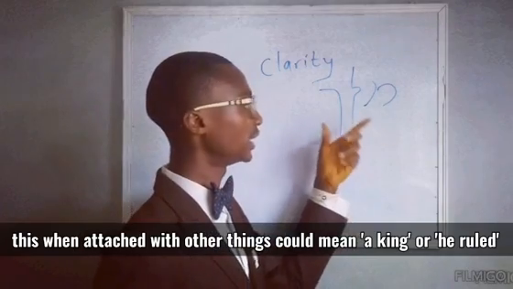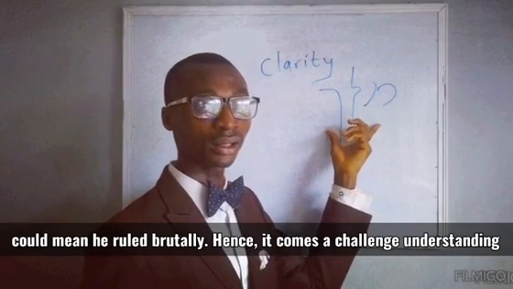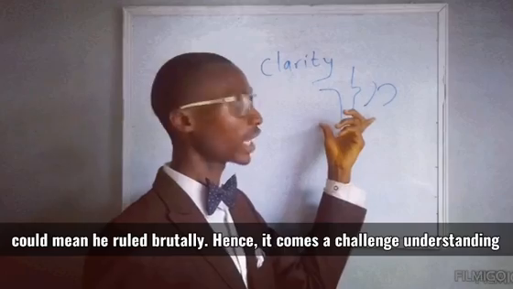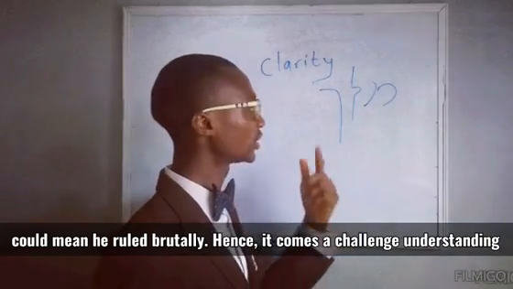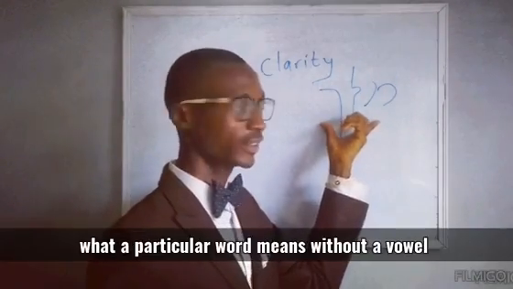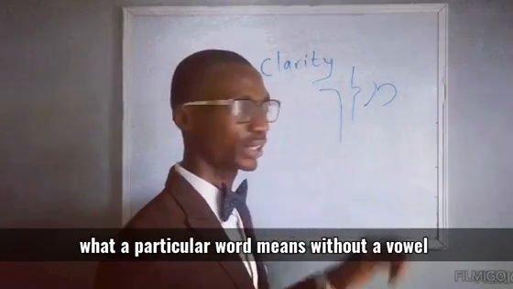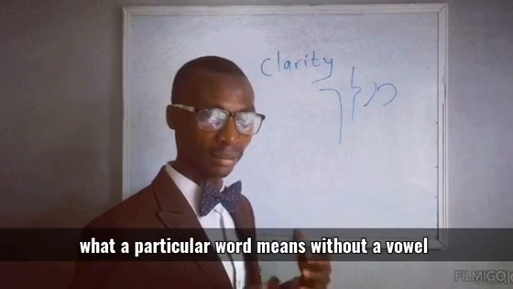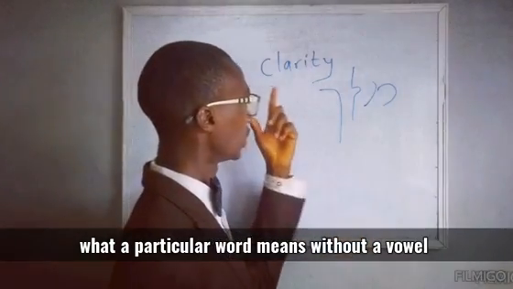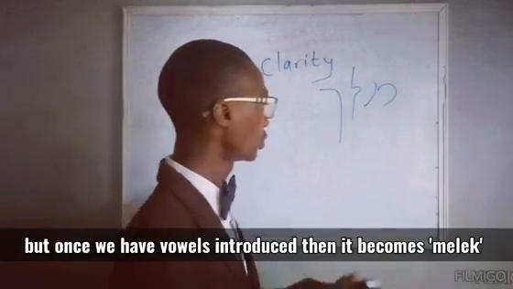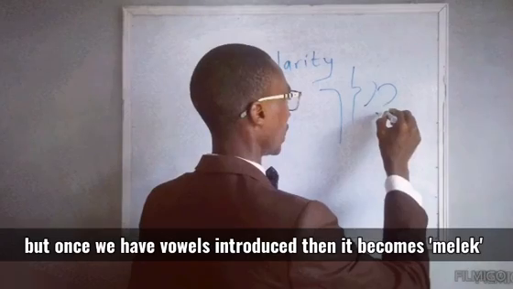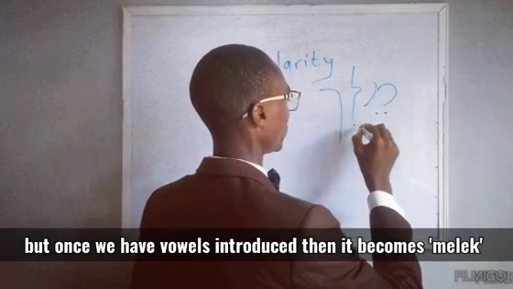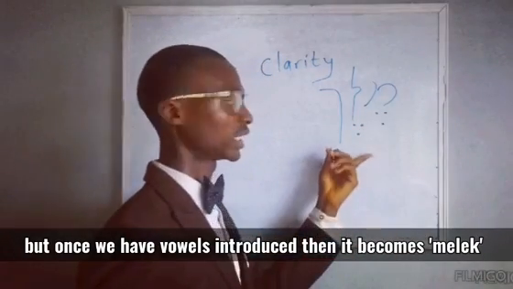It also means he ruled. It will mean he ruled brutally. So it becomes a challenge understanding what a particular word means without the vowel. But once we have vowels, as in this, then we have melek.